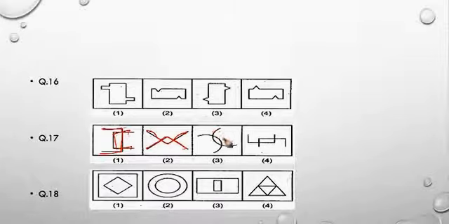And in case of problem figure 3, there are two arcs which are intersecting each other from the middle. Whereas in case of problem figure 4, both the designs are similar but they are not intersecting each other from the middle. So on the basis of point of intersection, answer to question number 17 is 4.